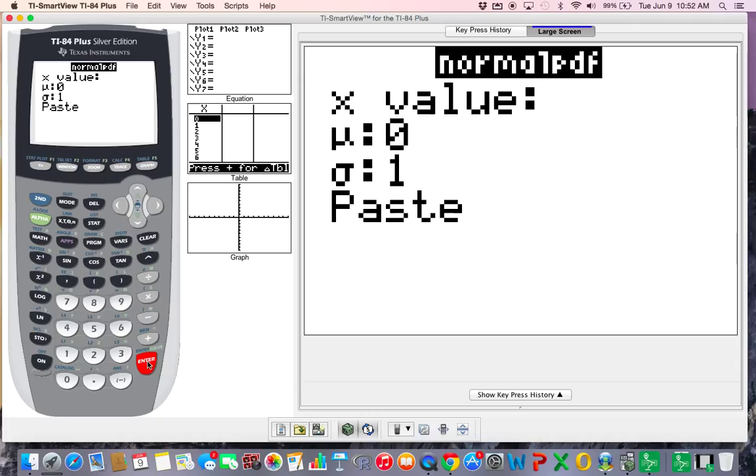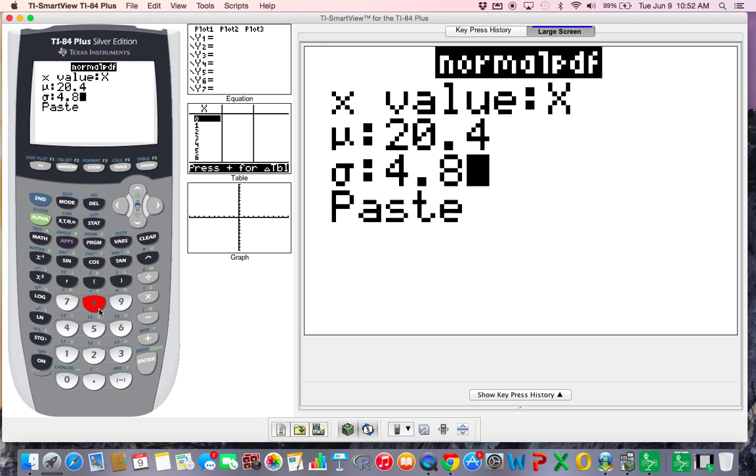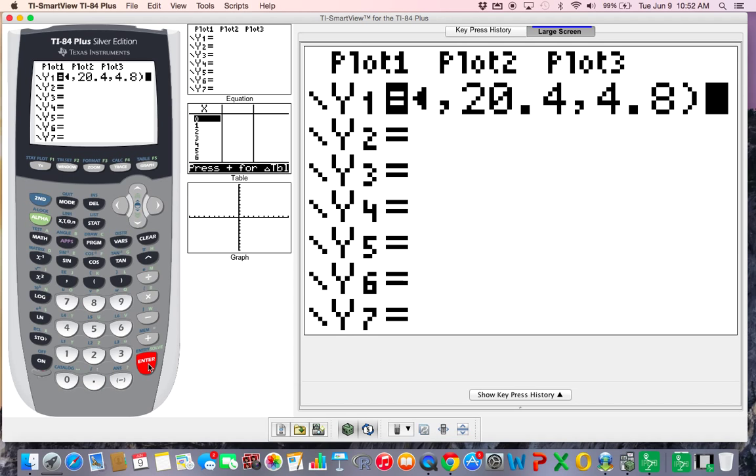Normal PDF stands for normal probability density function. We want this graphed across all x's, so we're going to let that be an x there, and we want to look at the distribution of ACTs, which have a mean of 20.4 and a standard deviation of 4.8. So we can paste that in there.